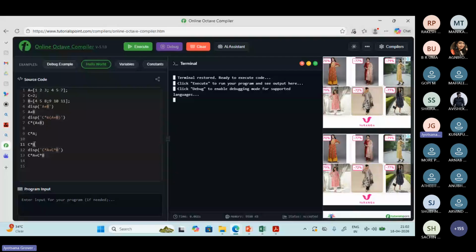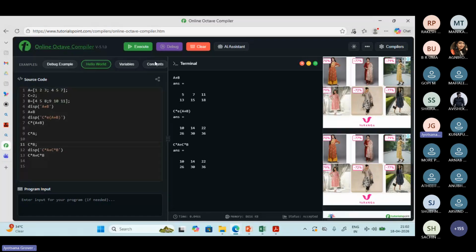Now let's see. See, A plus B is this. Then you multiply each entry with C. So you got this.